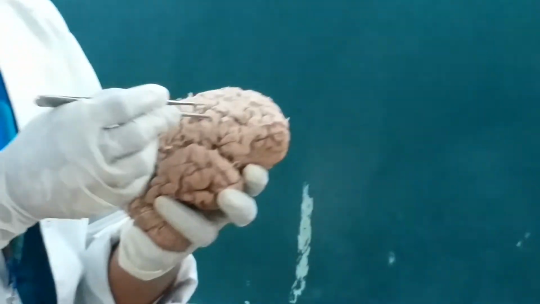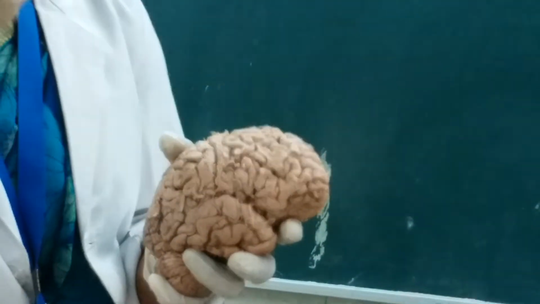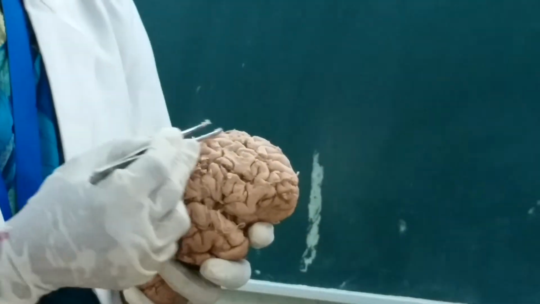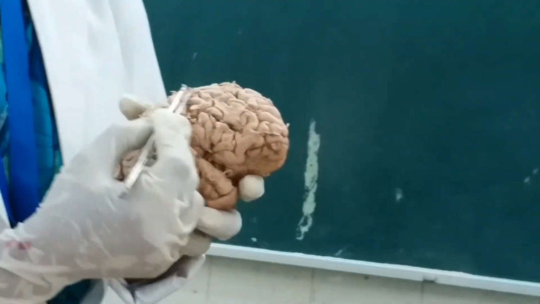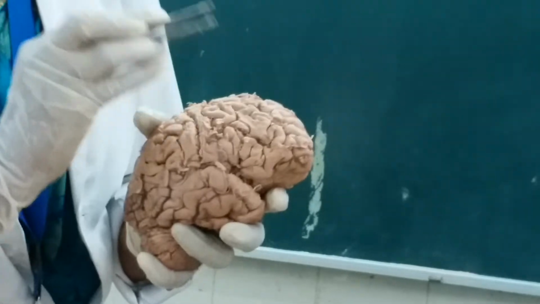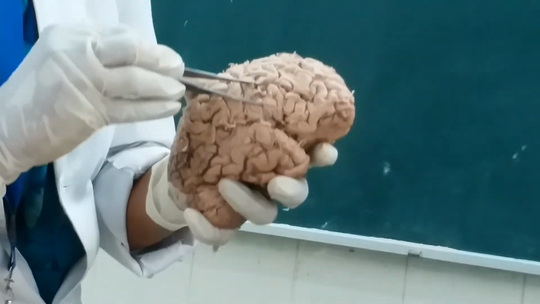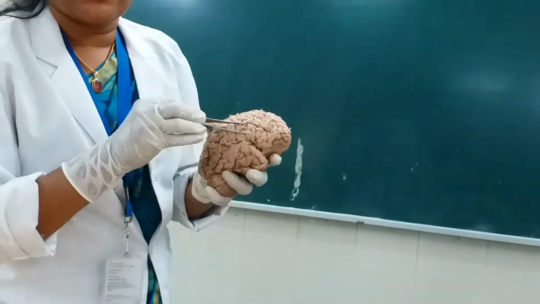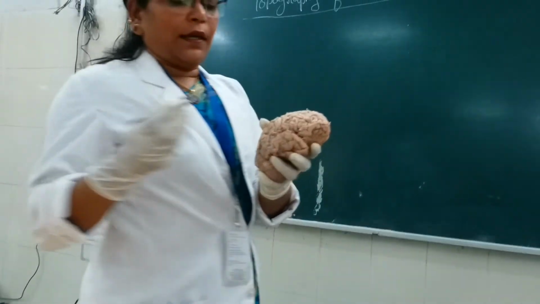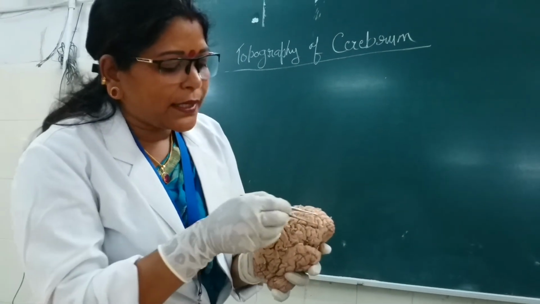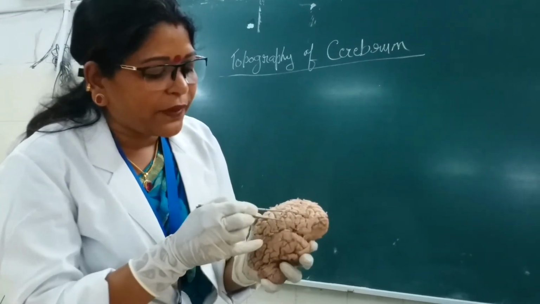That means these two sulci are present on the frontal lobe itself, so the whole of the gyri in between them are divided into the superior frontal gyrus, the middle frontal gyrus and the inferior frontal gyrus. Isn't it? What I have said: superior frontal gyrus, middle frontal gyrus and inferior frontal gyrus.